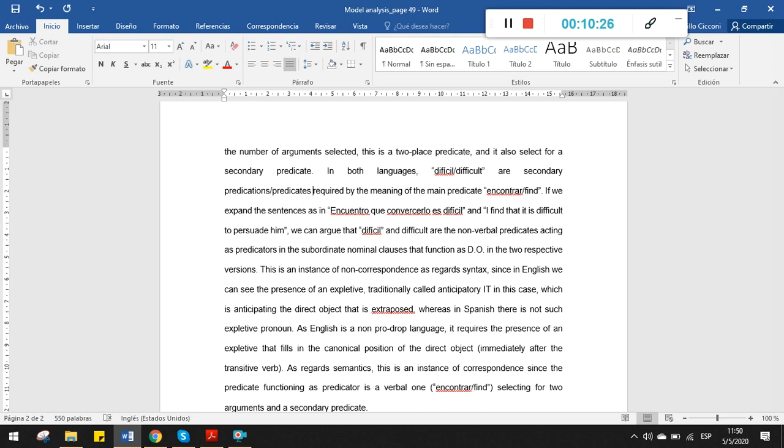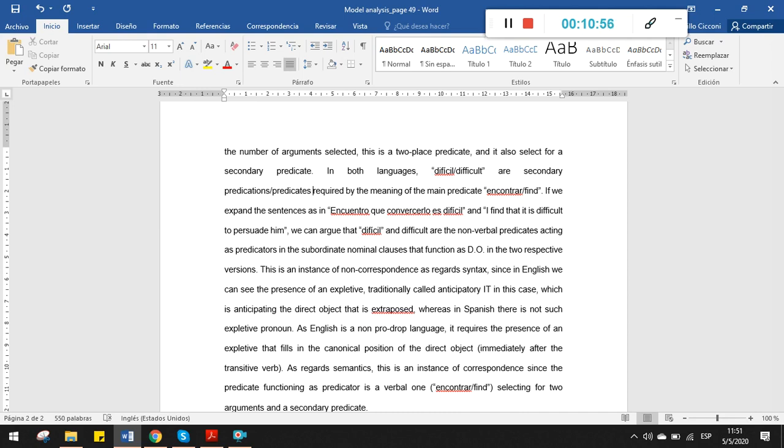If we expand the sentences, as in "encuentro que convencerlo es difícil" and "I find that it is difficult to persuade him," we can argue that difficult and difícil are the non-verbal predicates acting as predicators in the subordinate nominal clauses that function as direct object in the respective versions.